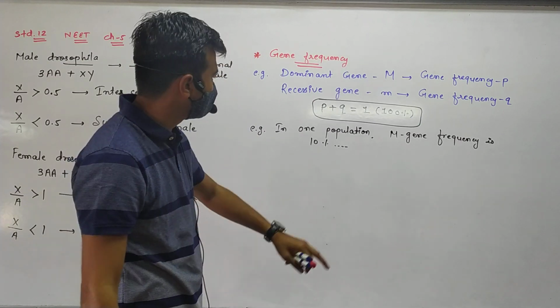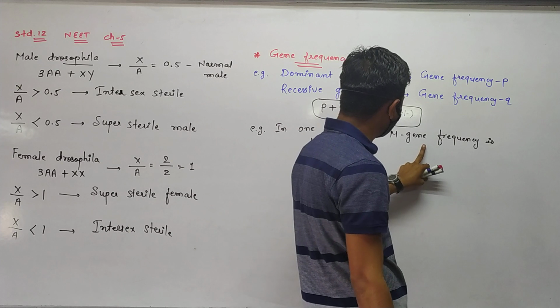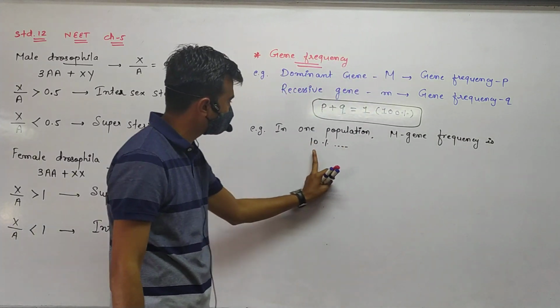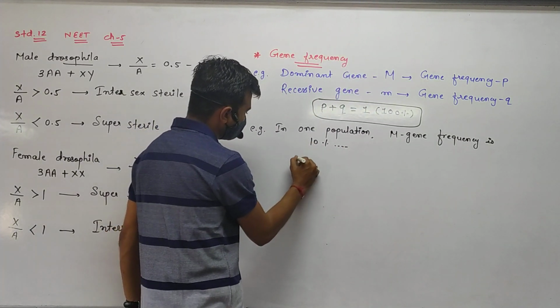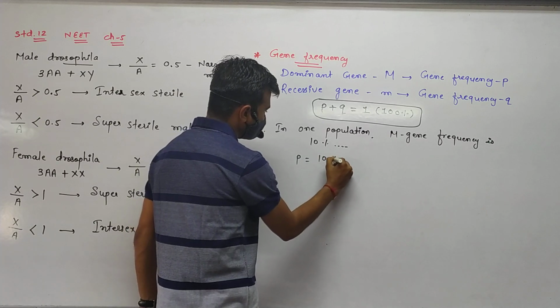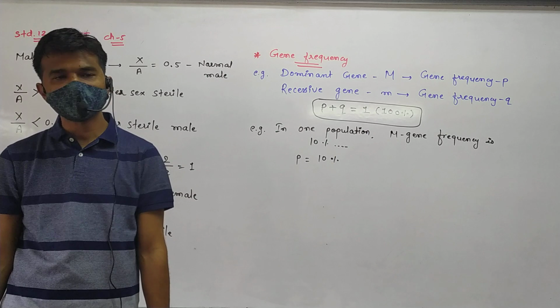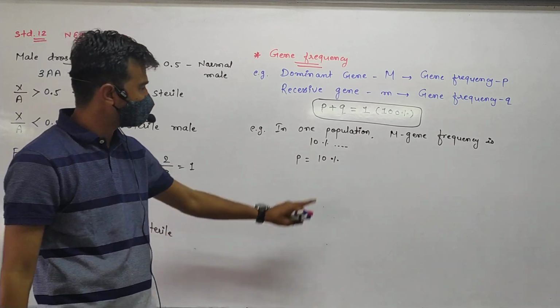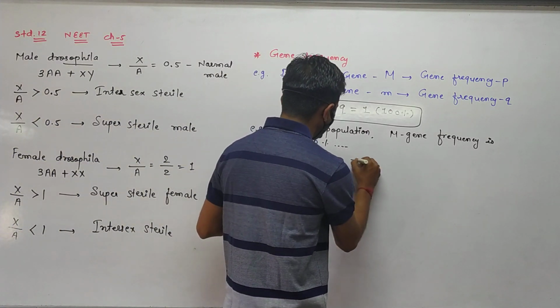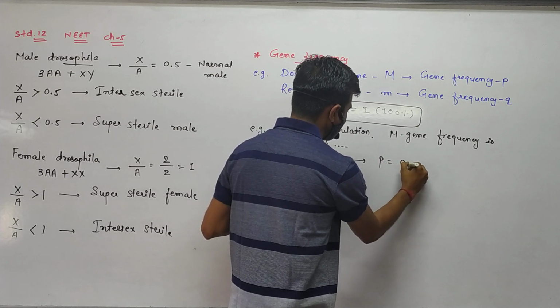So P is equal to 10%. Now you remove the percentage, so P becomes 0.1.